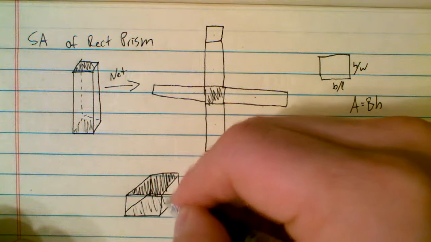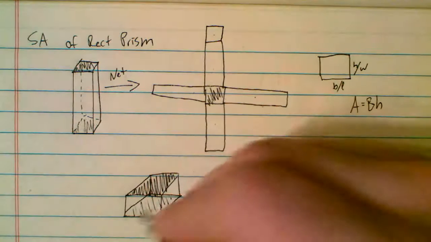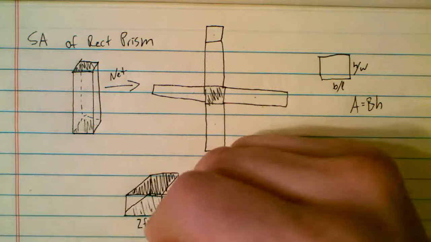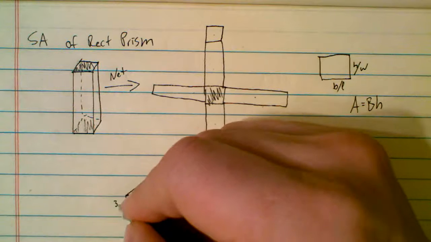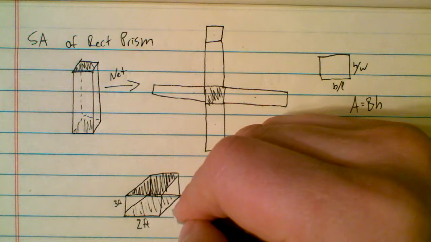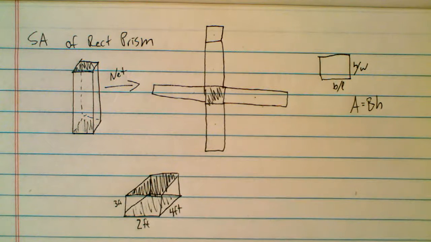Gently shade down here. So base, 1, 2, 3, 4. We're going to go with a surface of 2 feet by 3 feet. And then this length here will be about, well, let's go 4 feet on that, just for fun.